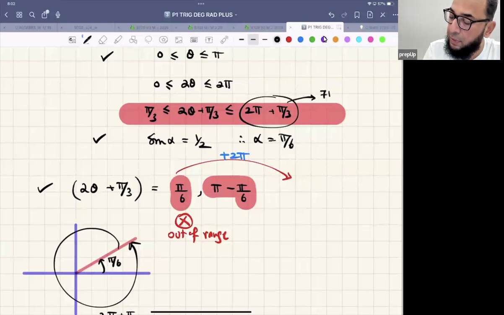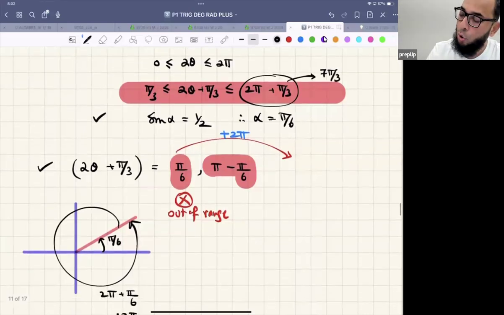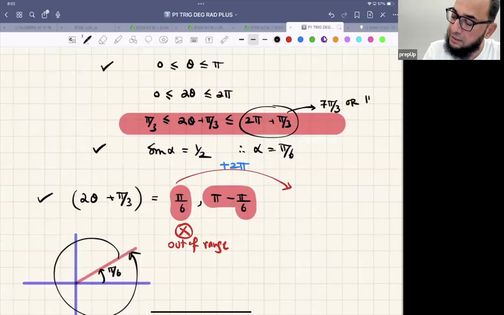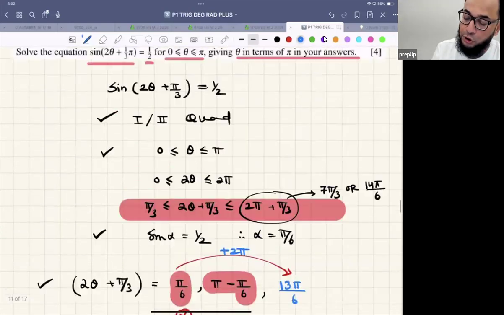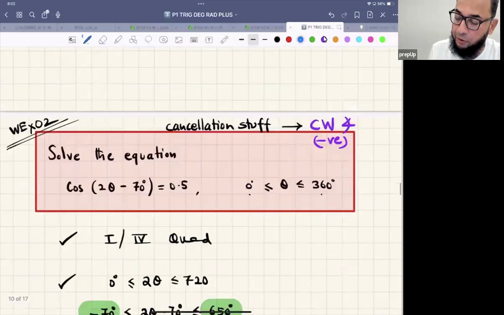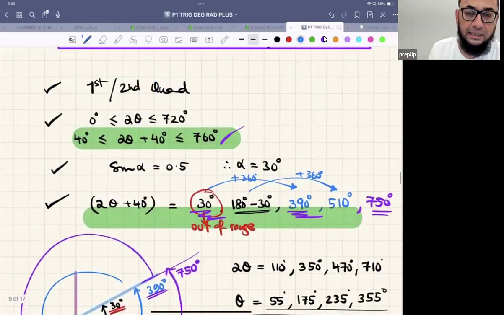This is 7 pi by 3. Or this can be written as 14 pi by 6. This thing is within the range. So therefore, this thing cancels out. The alternative is what? The alternative is this thing, which is 13 pi by 6. So this question is just like this particular question. The first answer cancels off.